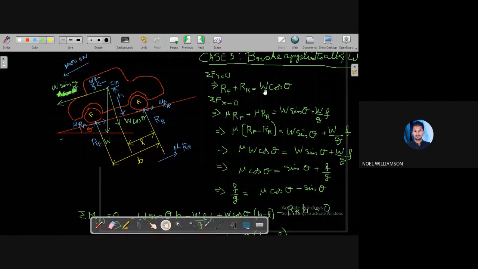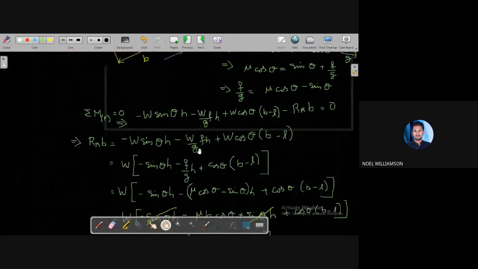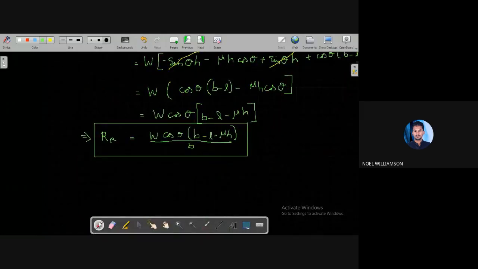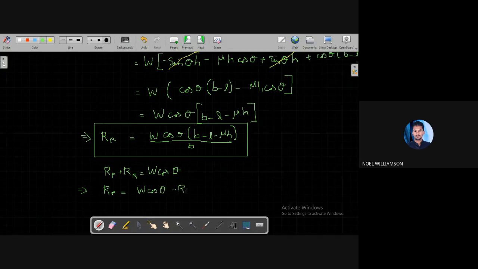Now for the value of RF, you can use this relation, that is RF plus RR equal to W cos theta. So from here you may write RF equal to W cos theta minus RR.